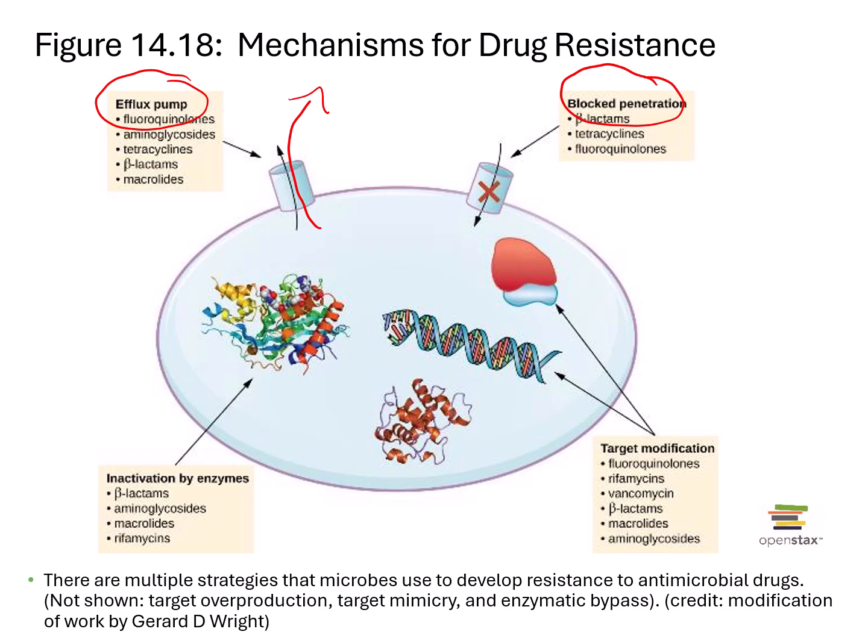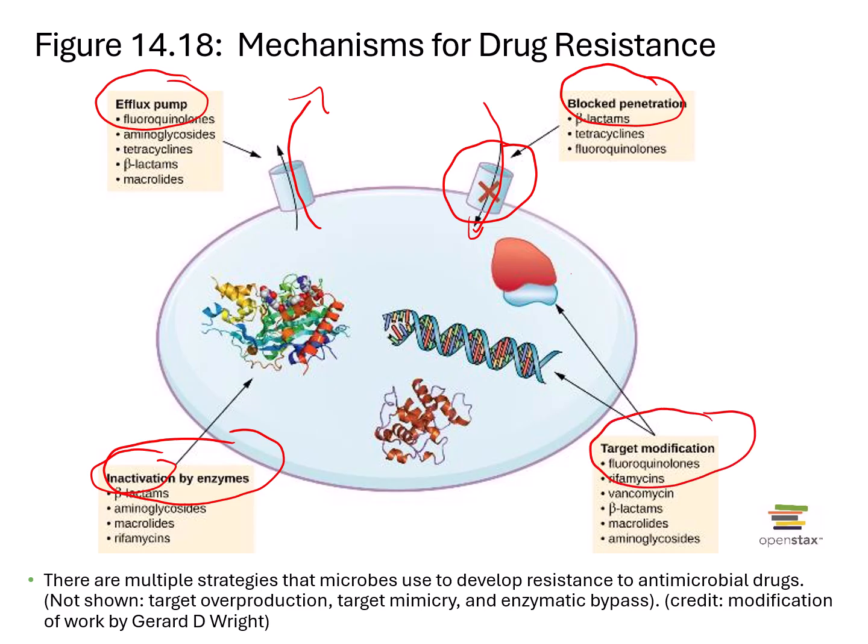Some microbes can alter their structures called porins, for instance, to prevent the drug from entering the cell in the first place. Other microbes will have enzymes that inactivate our drugs, or sometimes they even modify their own enzymes or own molecules such as DNA in order to prevent our drugs from binding to those sites.